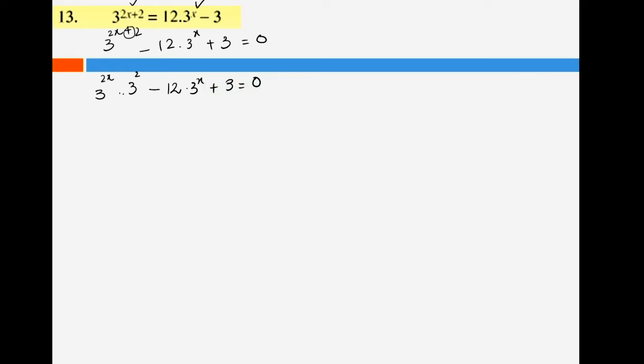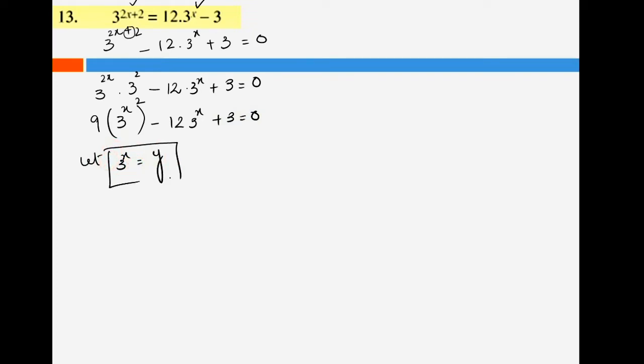And this one, 3 square is 9 and 3 raised to the power x whole square, 2x, 2 into x, 2x. Minus 12, 3 raised to the power x plus 3 is equal to 0. Here let 3 raised to the power x be equal to y. This one we have supposed.